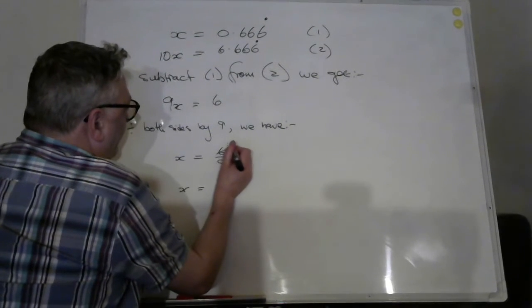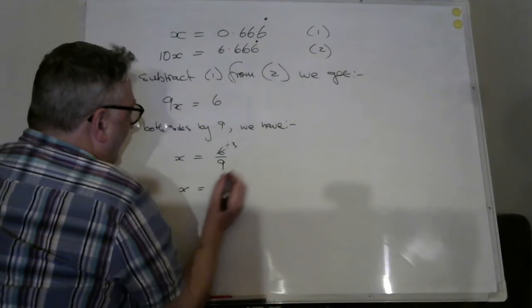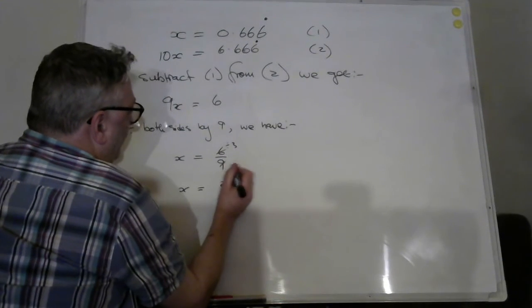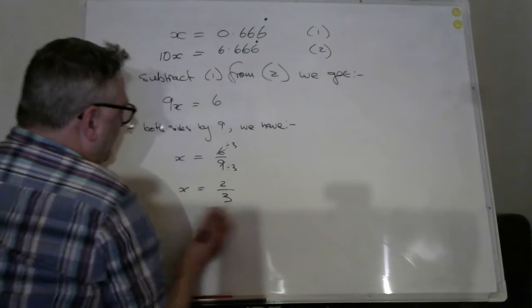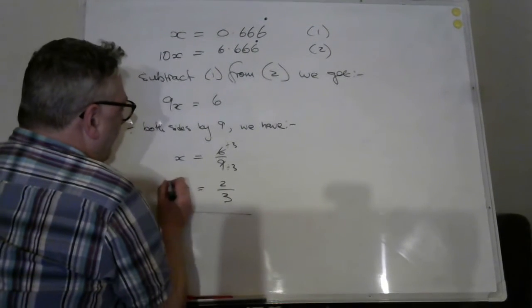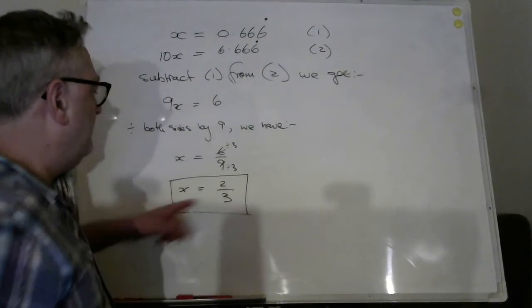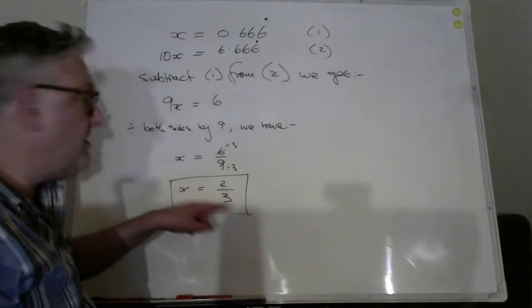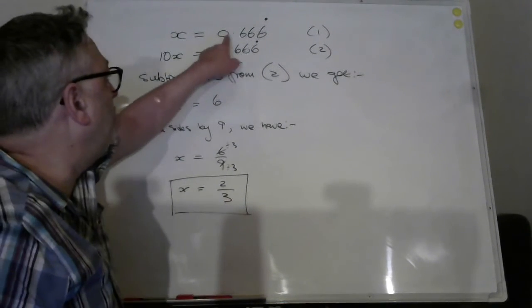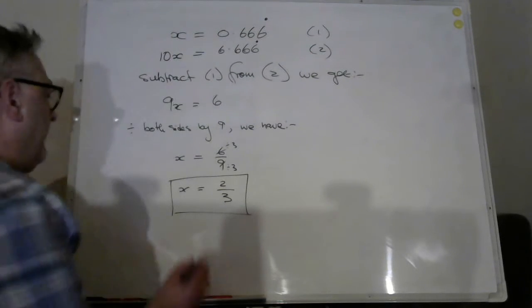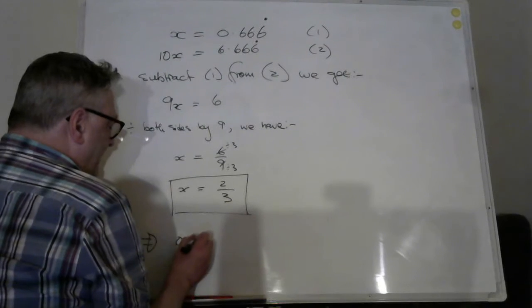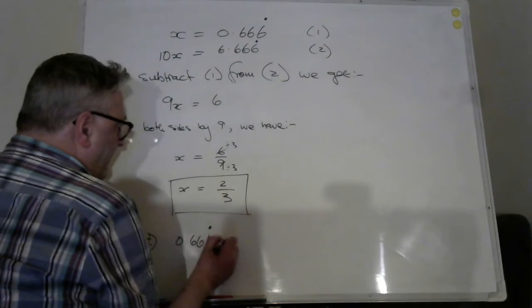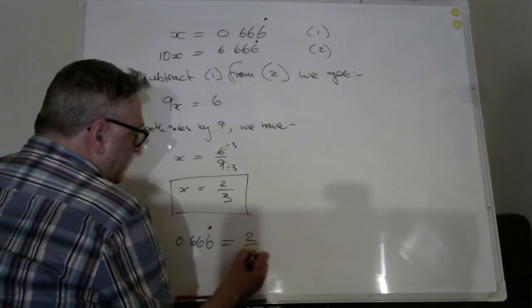So divide by 3 to get 2, divide that by 3 to get 3: 2/3. If you type in 2 divided by 3 on your calculator, you will get 0.666 recurring. This implies that 0.666 recurring is equal to 2/3.